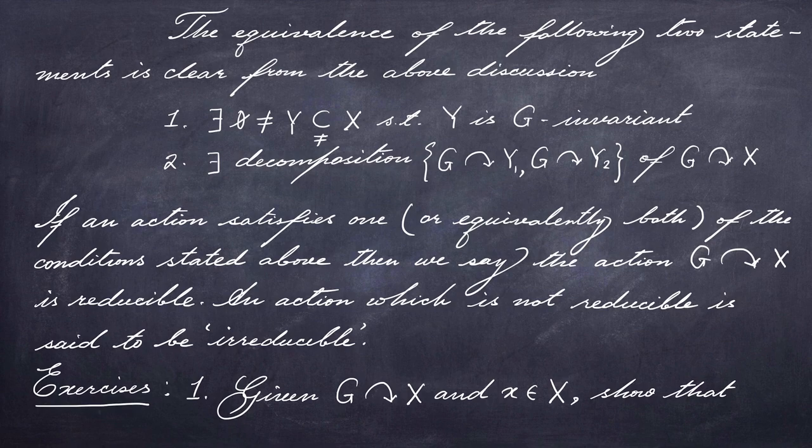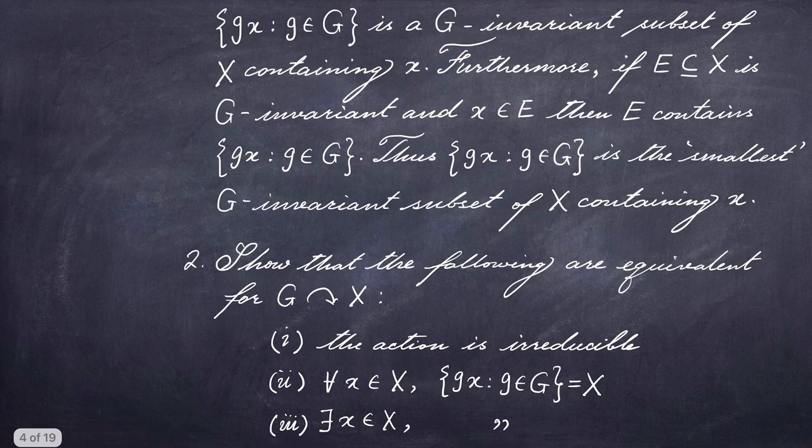Given an action of G on X and a point small x in capital X, we consider the set of all translates of x by the group elements, and this is a G invariant subset of X containing small x. Furthermore, if E is a G-invariant subset of X containing small x, then E has to contain all the translates of x by the group elements.